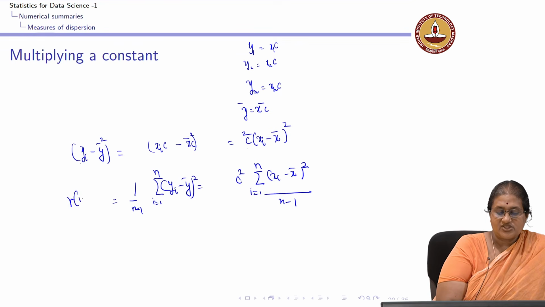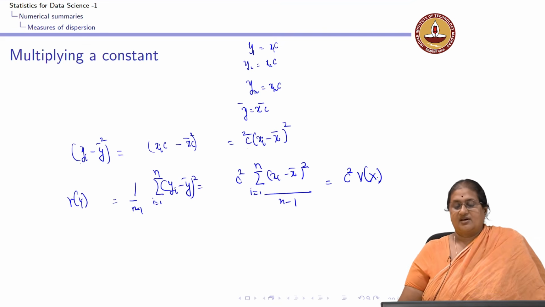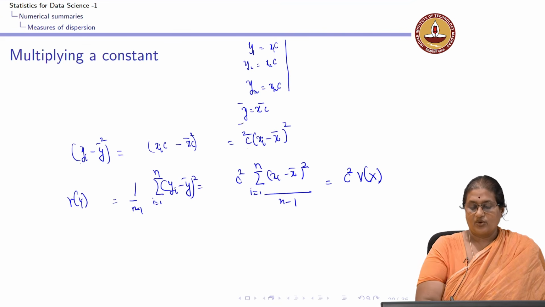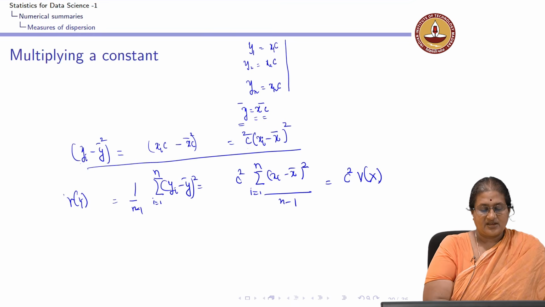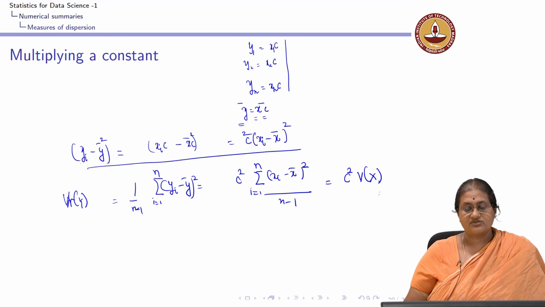Hence, variance of y is nothing but c square times variance of x. Is that clear? So, this is my data set. I already know y bar is x bar times c. I just substitute the values and I get the variance of y is c square times variance of x.